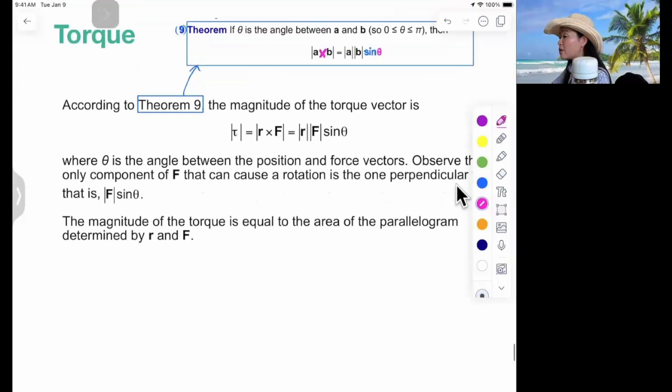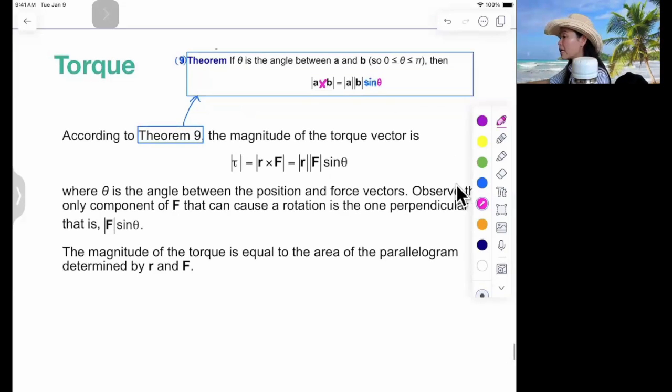So the magnitude of the torque is equal to the area of the parallelogram determined by these two, right? Because when you take the magnitude of the cross product, that is the area of the parallelogram formed by the two vectors.